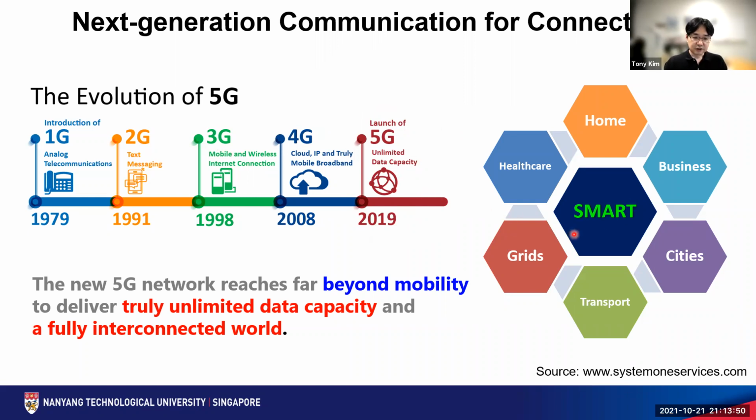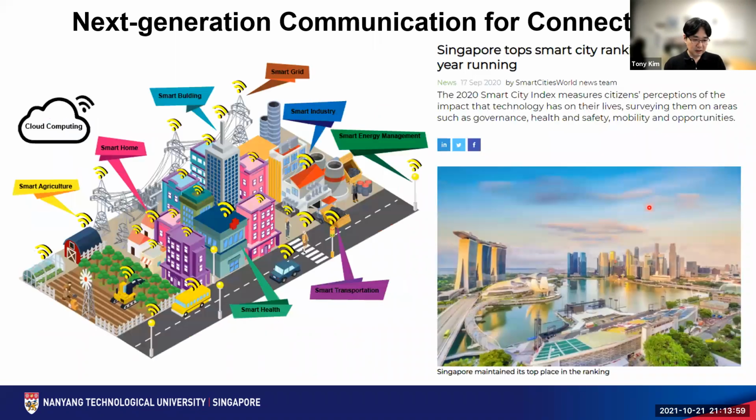Another key feature of this 5G is that we can actually realize smartness. As everyone knows, smart city is a big theme that many, especially mega cities, are trying to realize, including Singapore, right? So in smart city, we actually want to deploy so many sensor nodes or edge devices. They can generate small amount of data per device, and then they also want to process it in a very smart way using artificial intelligence or machine learning.